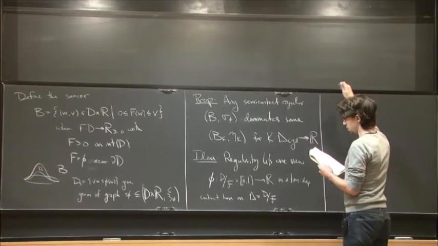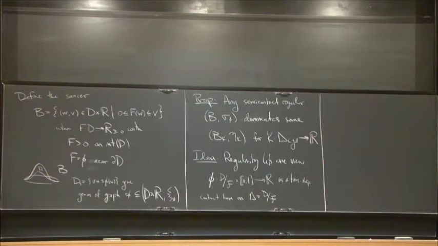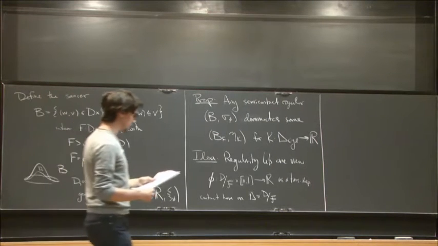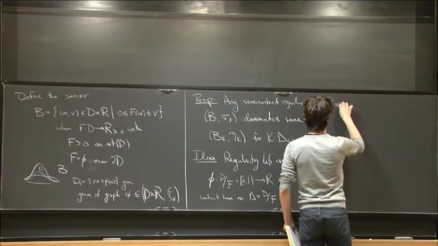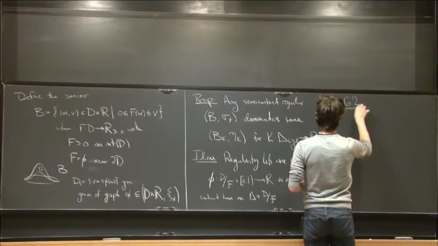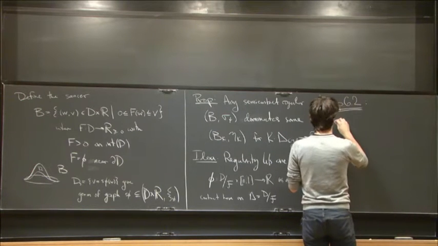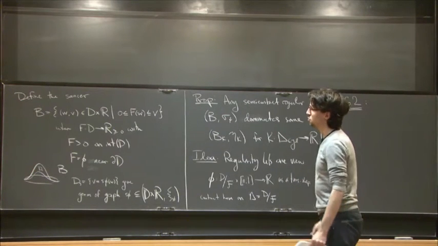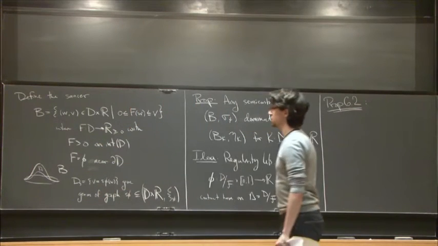Okay, but now the main part is how these saucer shapes can be used to start trying to prove proposition 3.1. So the first step is to prove the following proposition. It's the same as proposition 3.1, but now instead of B sub k, you have just some saucers.